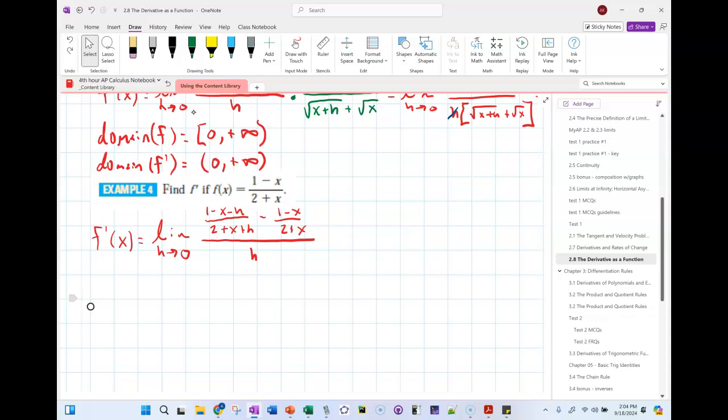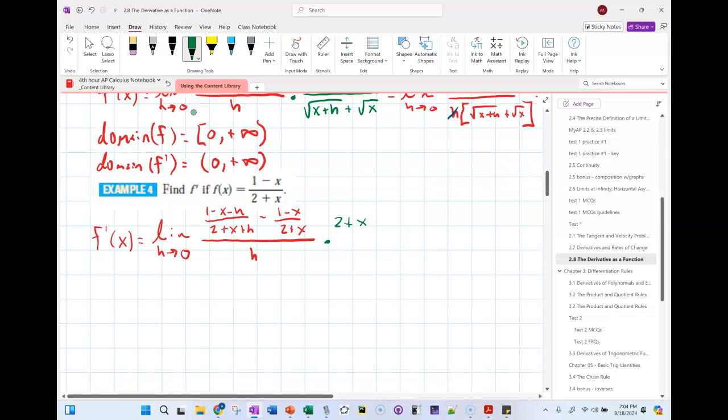Not wrong to do that. That's the obvious route. What I find simpler is to multiply the top and bottom by the least common multiple of the denominators. So I'm just going to multiply the top and bottom by 2 plus x plus h times 2 plus x.